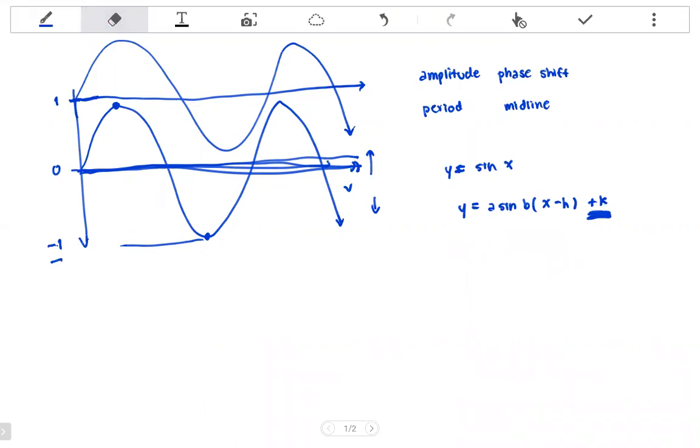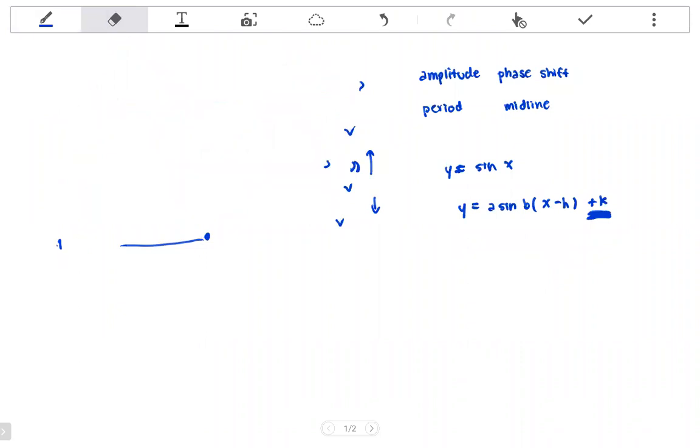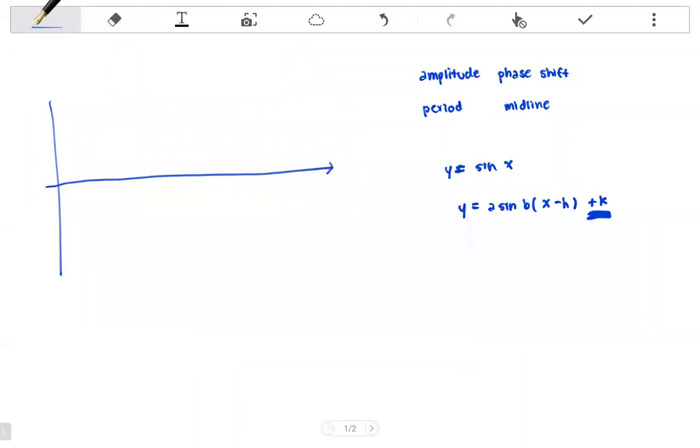So what about, let's try amplitude. What is the amplitude? Well, let me draw a center.